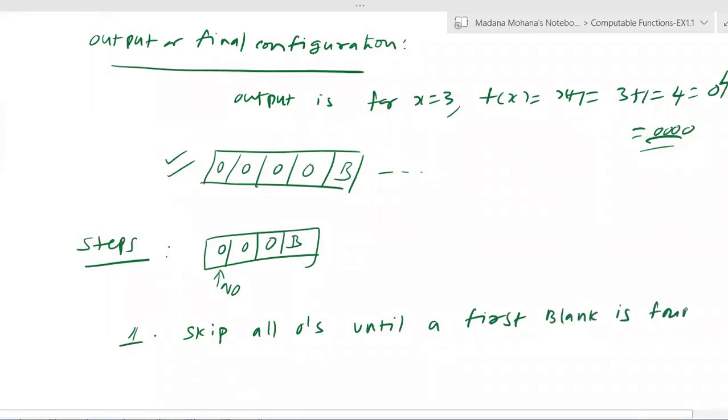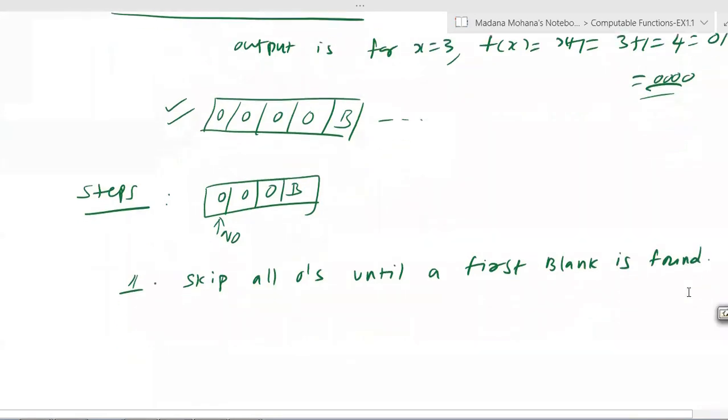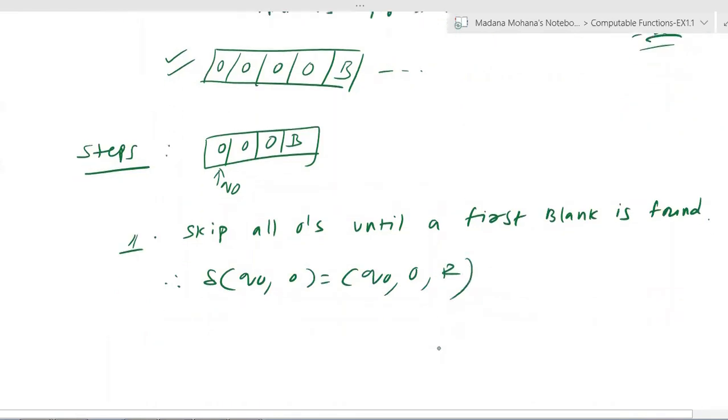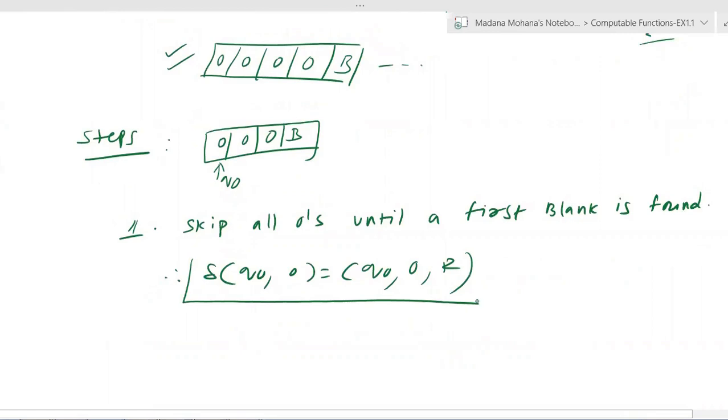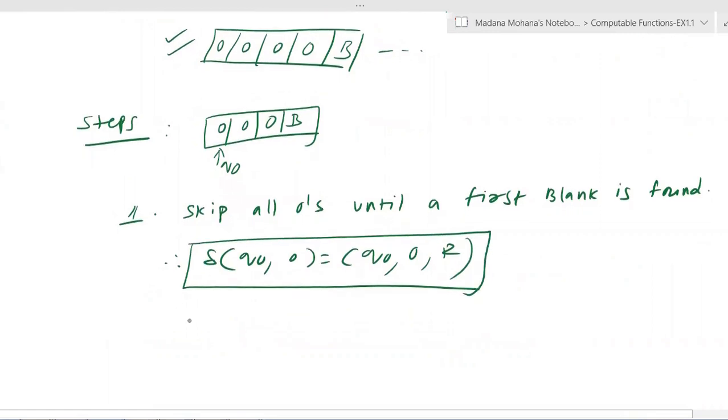The transition for this is delta of Q0 on input 0, without changing state: 0 is replaced with 0, skipped, and it moves right. Now this is the first transition. Then see the configuration of the tape now. Here you can represent it diagrammatically also.